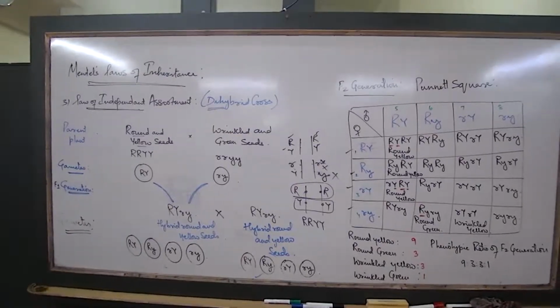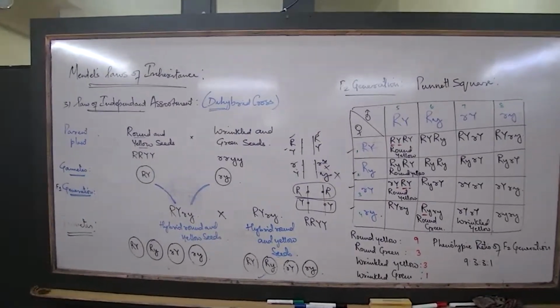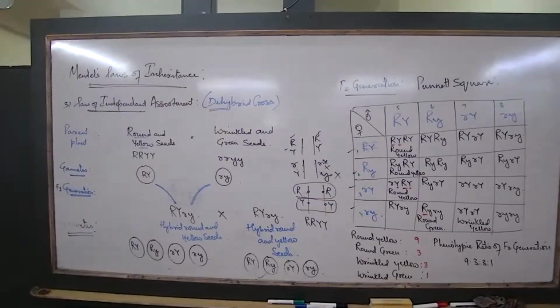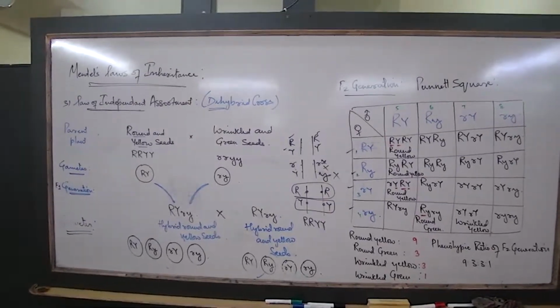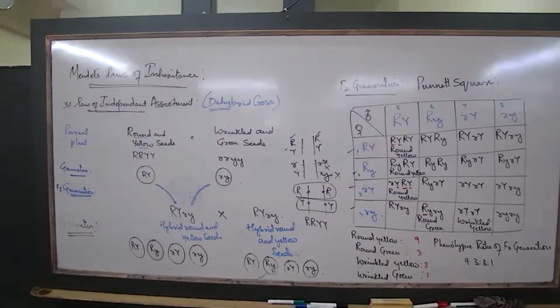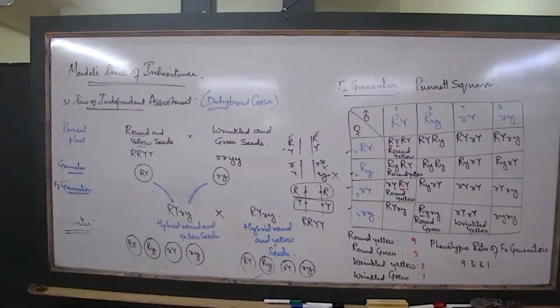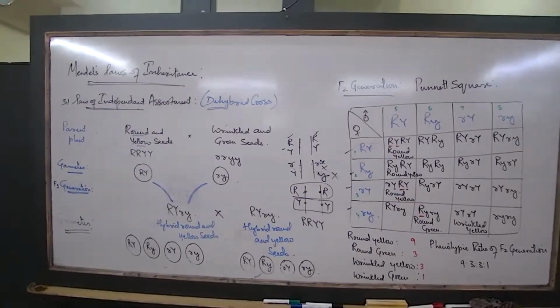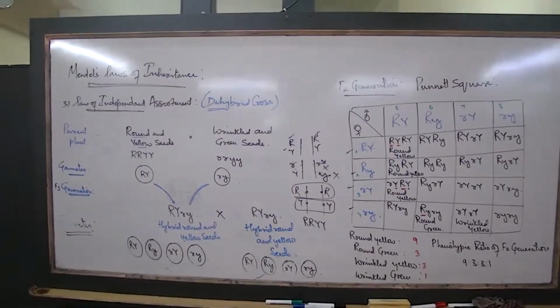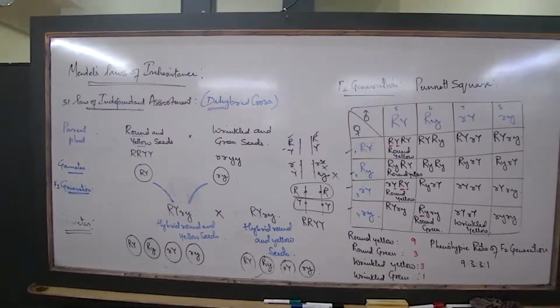Now you write down the sub questions A, B, C, D for 5 marks. Number 1, 2, 3, 4. Number 1 or A, as you follow. A. Write down the phenotype and genotype of the F1 plant. Number 2.